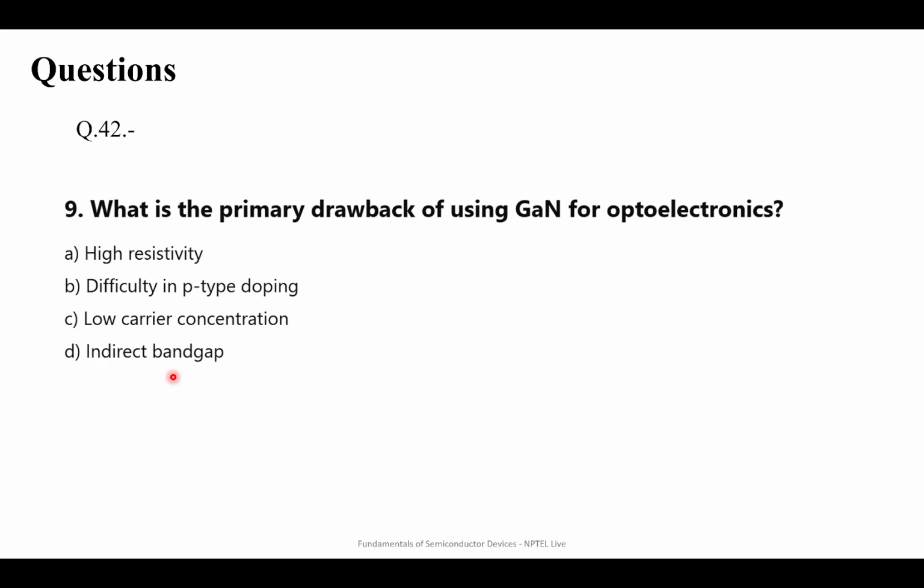So optoelectronics is basically LEDs, photodetectors, solar cells, where you are combining optics and electronics. That is called optoelectronics. So what is the thing that is stopping us from using gallium nitride for optoelectronics?